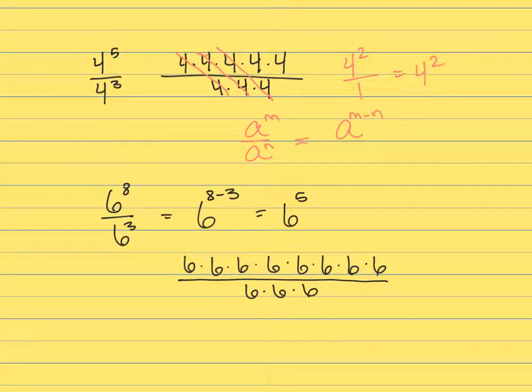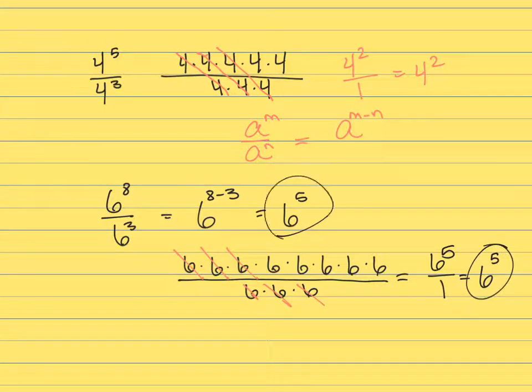Cancel out my ones that divide by 1. So I've got match, match, match. Leaves me with 1 at the bottom as my denominator. And I have 1, 2, 3, 4, 5 6s on the top left. So that means I have 6 to the 5th power.